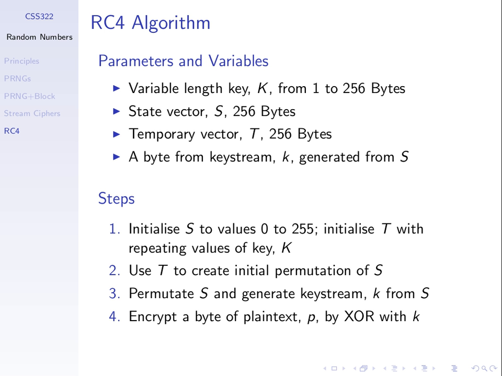It operates on some state vector, S, which is 256 bytes. So think of it as a vector or an array of 256 one-byte values, or one-byte elements. And also has some other temporary vector of the same length, T. And it generates the key stream lowercase k from S, the state vector.